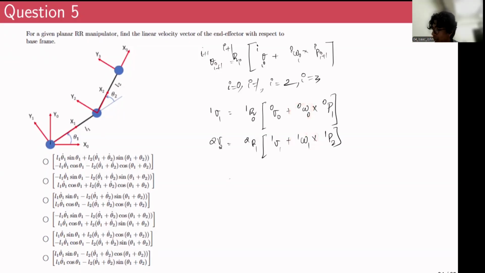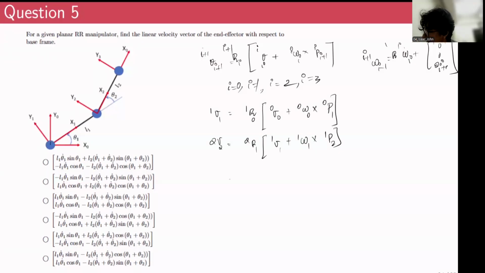So you also have propagation equations for angular velocities. i+1 omega i+1 is i omega i plus 0, 0, theta i+1 dot in the case of a revolute joint, and you multiply this with i+1R i. So the first equation would be 1 omega 1, which would be 1R0 multiplied by (0 omega 0 plus 0, 0, theta 1 dot).